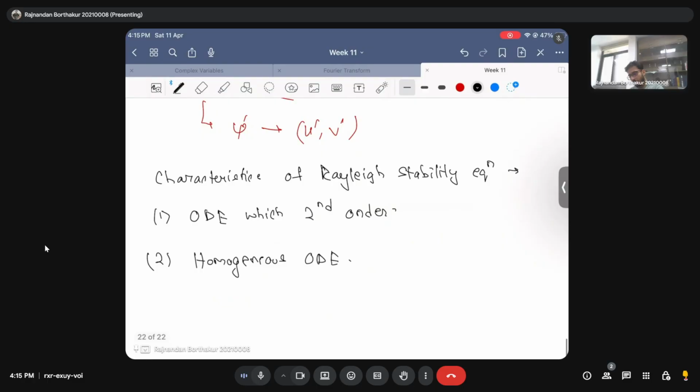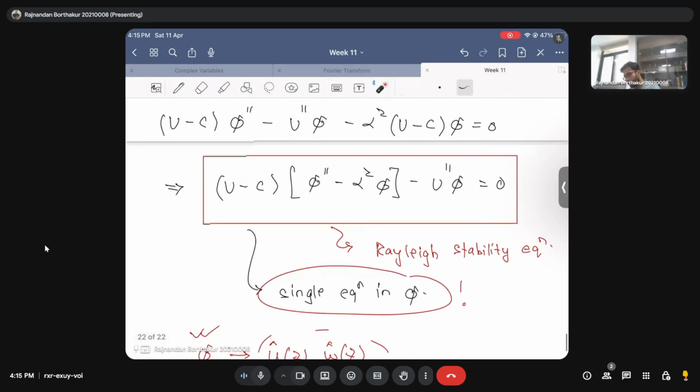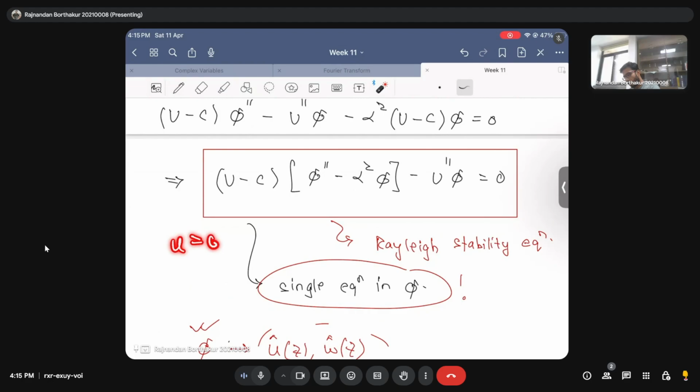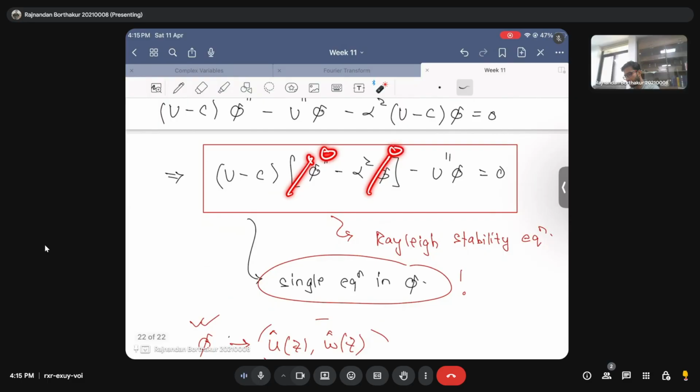Why homogeneous? Because I know that small u equal to 0, or in fact phi equal to 0, satisfies the system trivially. For example, if I put phi equal to 0, this term is 0, this term is 0, this term is also 0, which means left hand side equals right hand side. This means that there exists a trivial solution, but we are not looking into trivial solutions.